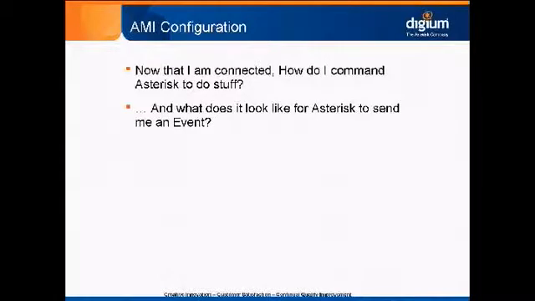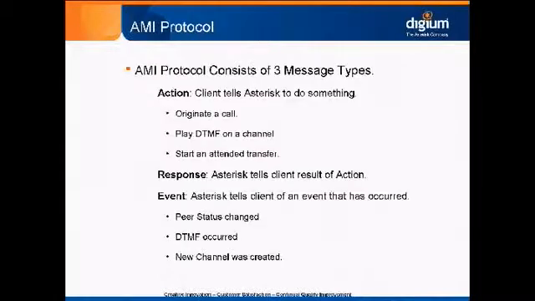AMI consists of 3 message types. You have an action, where the client tells Asterisk to do something, like originate a call or play DTMF on a channel. You have a response, where Asterisk tells the client the result of that action. And events: Asterisk pushes out events about maybe peer status, DTMF occurred, or new channels were created, internal events of the Asterisk box, to the client if they have permission to see those.